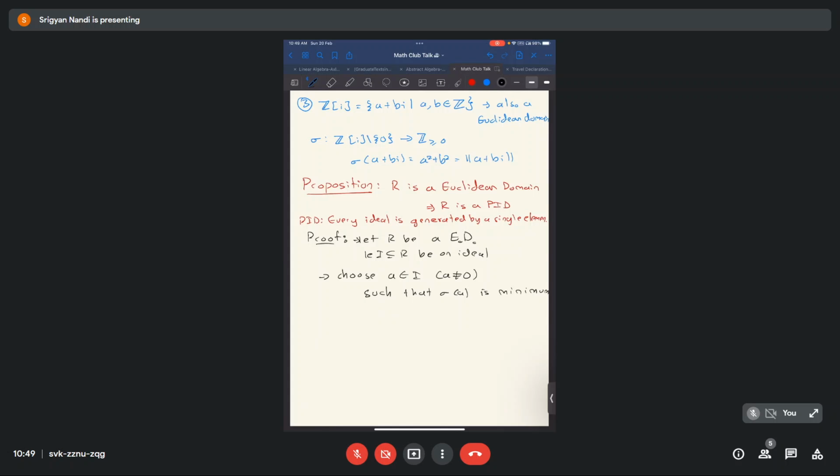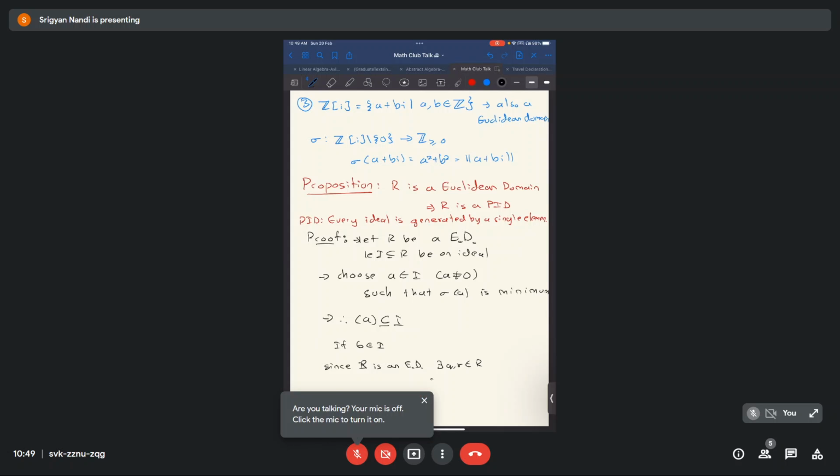So therefore, we have that sigma A is minimum and A belongs to I. So the ideal generated by A is also contained in I. Now, if B belongs to I, since R is a Euclidean domain, due to the division algorithm, there exist Q and R belonging to R so that B equals AQ plus R.